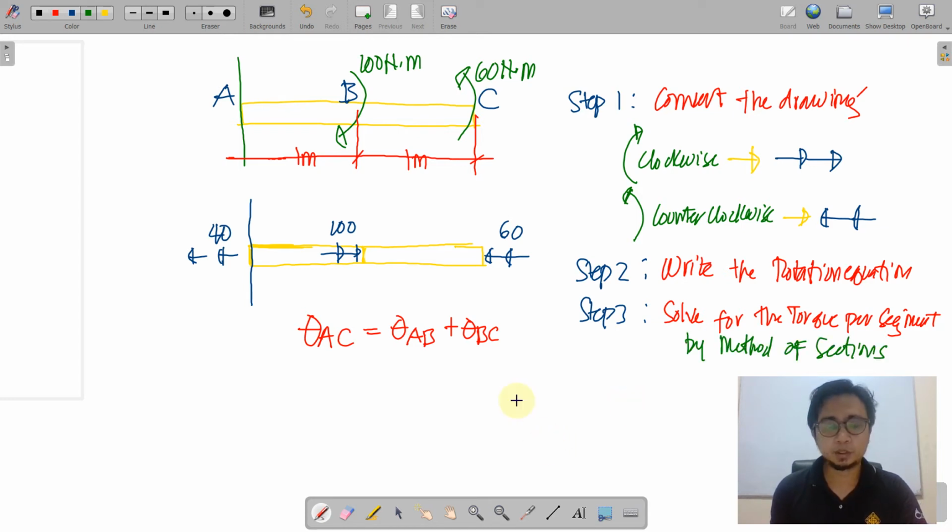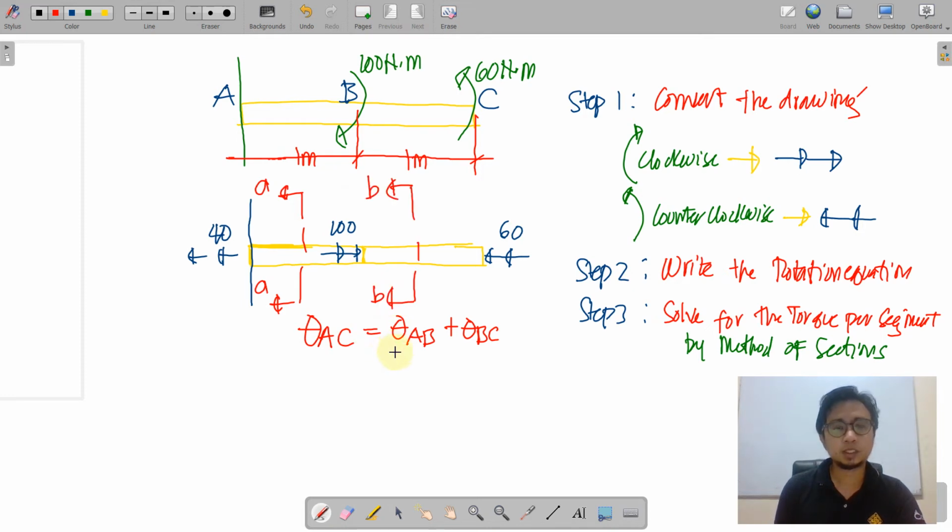All we have to do is to consider some sections per segment. Section AA for the segment AB and section BB for segment BC. If you notice, my section line refers only to a single side, okay? This section BB could always be assumed by you. So it is depending on the student to assume whether you will consider the left or the right portion.